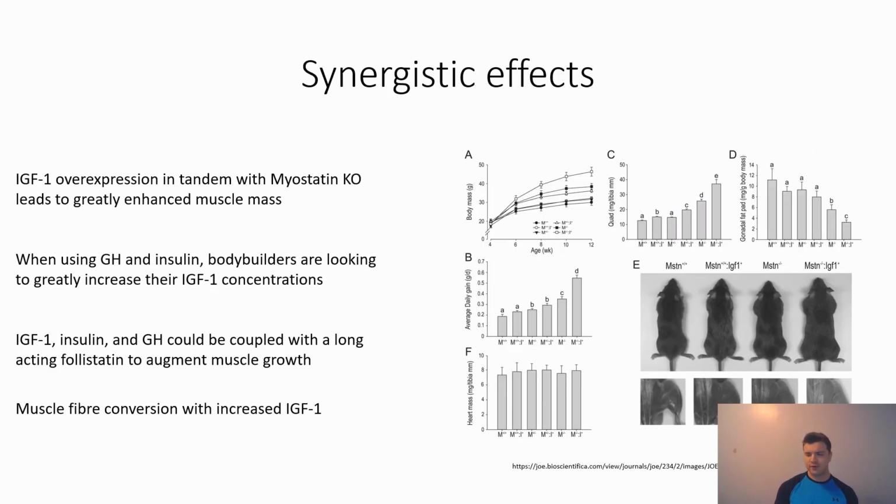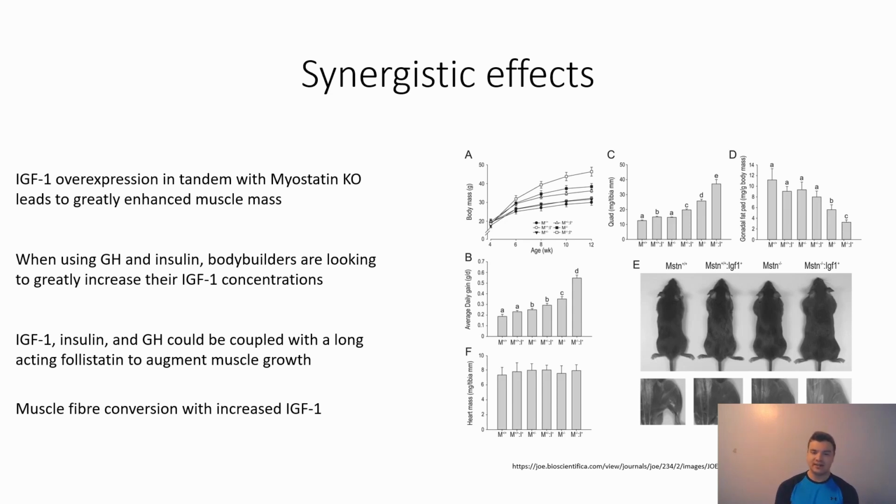This proof of concept has been shown in a mouse study where mice have an IGF-1 overexpression and a myostatin knockout. What they found is that mice with a myostatin knockout and an IGF-1 overexpression garnered way more size than just a myostatin knockout mouse, or a heterozygous knockout mouse with IGF-1 overexpression, or just a wild type mouse.